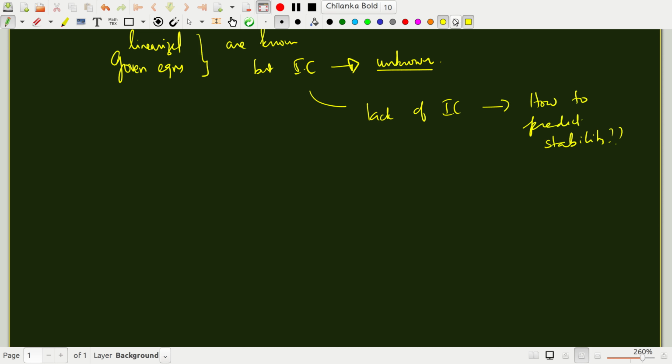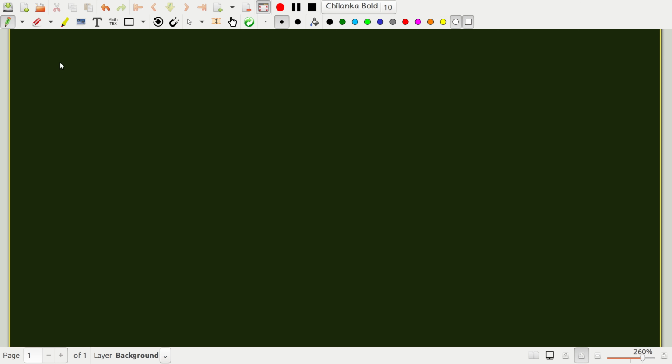Now the method that is used to get around this puzzle or problem is called the method of normal modes. I'm going to illustrate this in the context of a simple linear 2x2 system of ODEs.